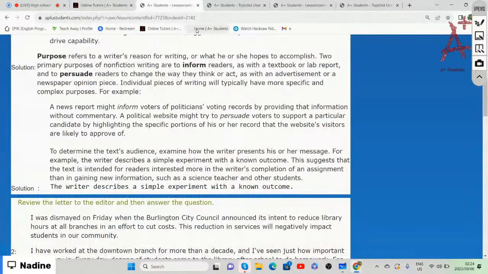So he or she will describe experiments with known outcomes. This suggests that the text is intended for readers interested more in the writer's completion of an assignment than in gaining new information, such as a science teacher and other students.